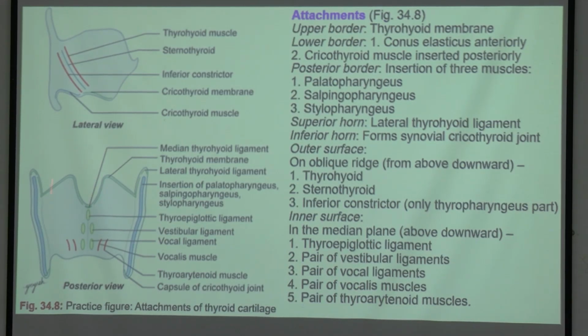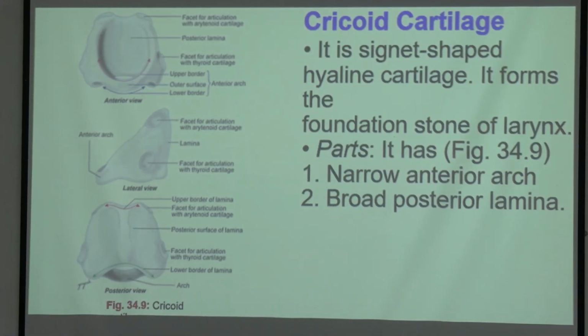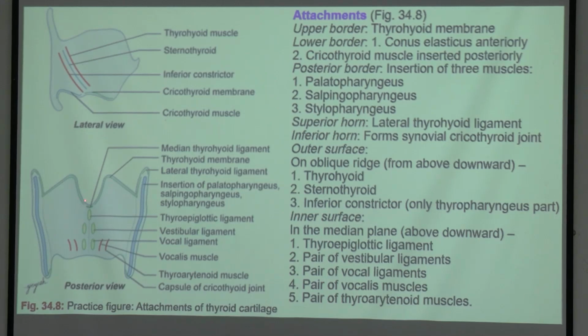So in the oblique line we can get the inferior constrictor muscle, we can get sternothyroid, thyrohyoid. So these are some muscles which are attached there, and inside the thyroid cartilage we can get so many attachments. These are the attachments of some ligaments.